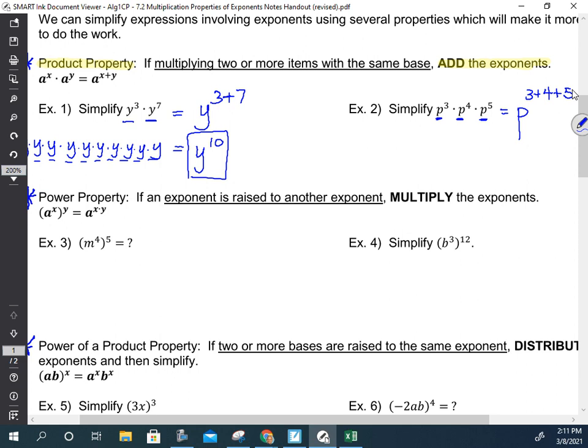What's 3 plus 4 plus 5? That's 12. So you have p to the 12th power. So, questions 1 and 2.